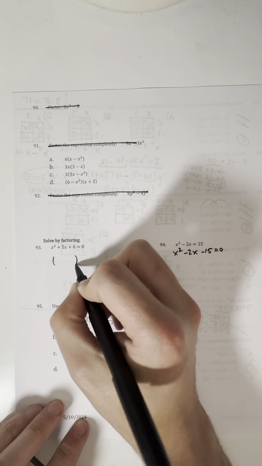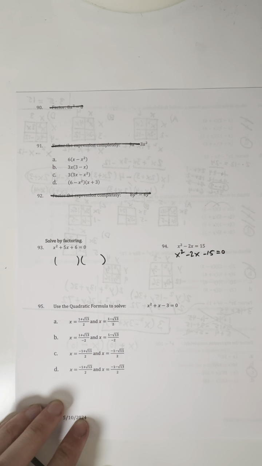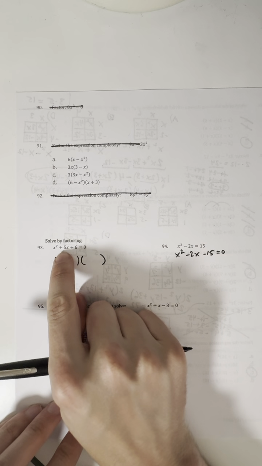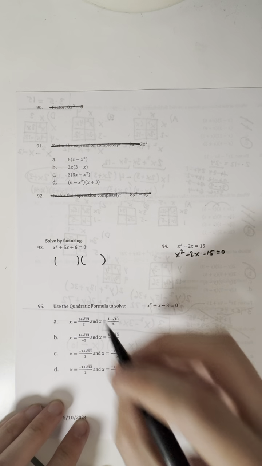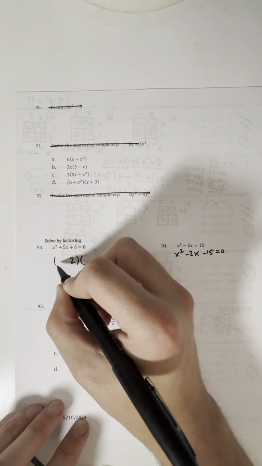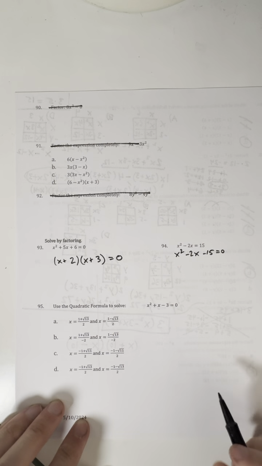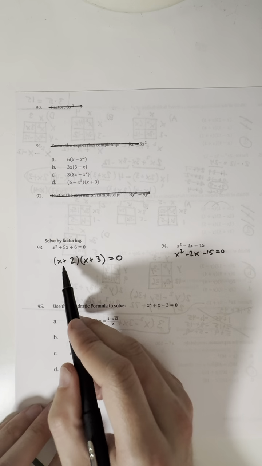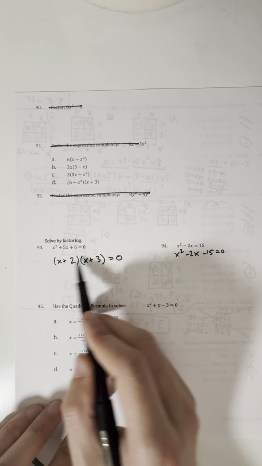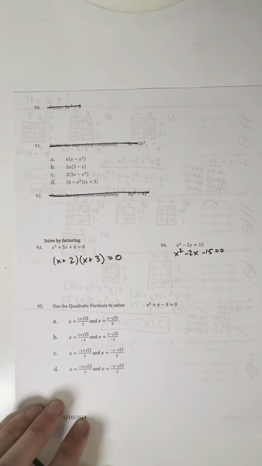The trick here is to find two numbers that multiply to 6 and add to 5. Those two numbers in this case are 2 and 3. So we can turn this into x plus 2 times x plus 3 equals 0. And again, if you think about the box, if you multiply these, you end up getting this.